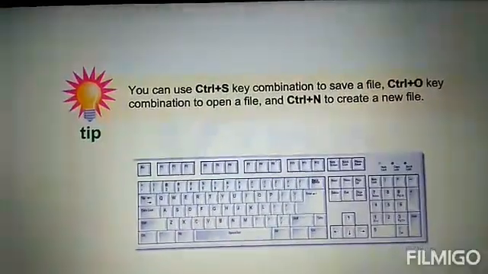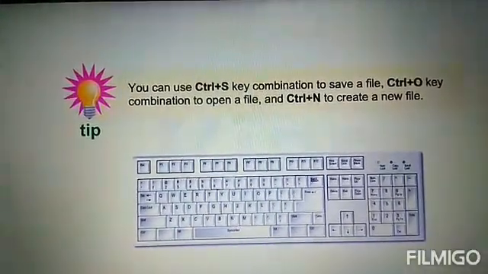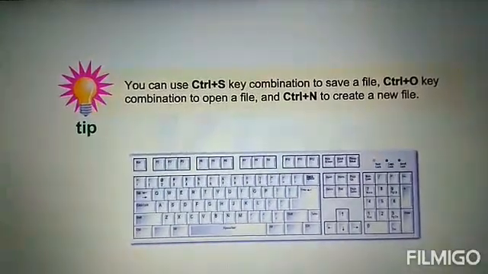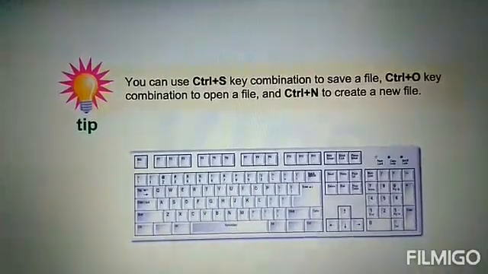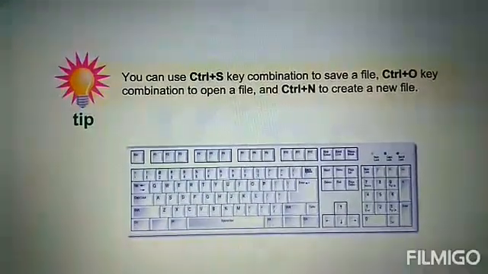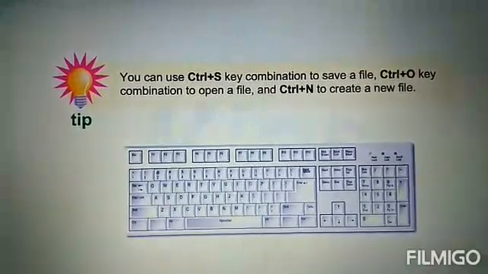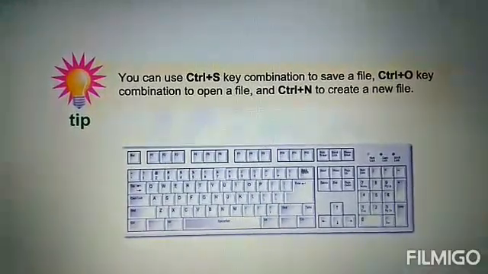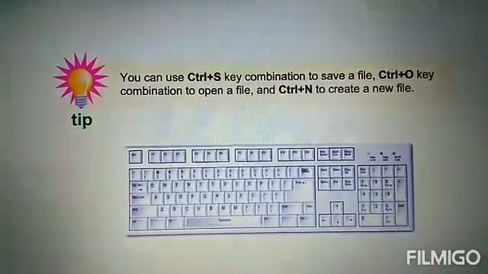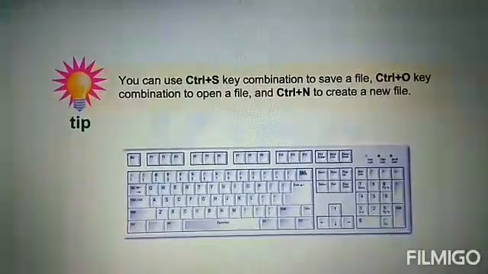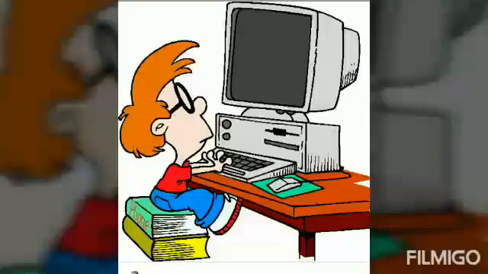Ctrl plus N means both the keys you have to press together so that you can open a new file. These are known as shortcut keys. Both the keys you have to use together with the Control key. Ctrl plus S for saving the file, Ctrl O to open, and Ctrl N to open a new file.